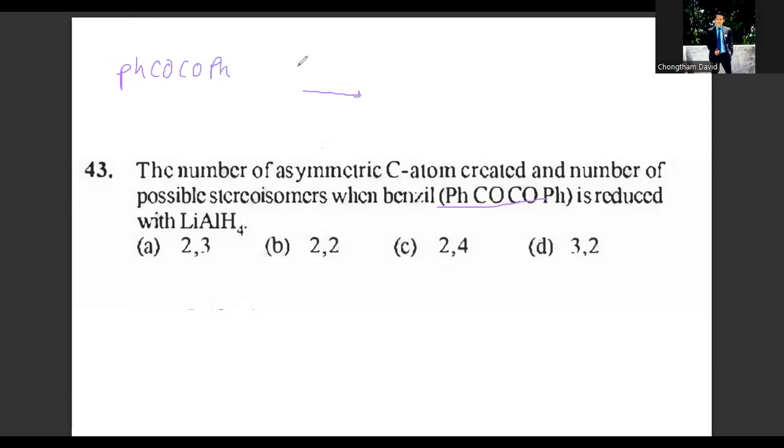Benzil, when it is made to undergo reaction with lithium aluminum hydride, it forms an optically inactive meso form. So there must be a hydroxy group and H. So the product contains two similar asymmetric carbon atoms, and two optically active and one optically inactive meso compound. So do 2 and 3. The number of asymmetric carbons will be 2 and the number of possible stereoisomers will be 3.